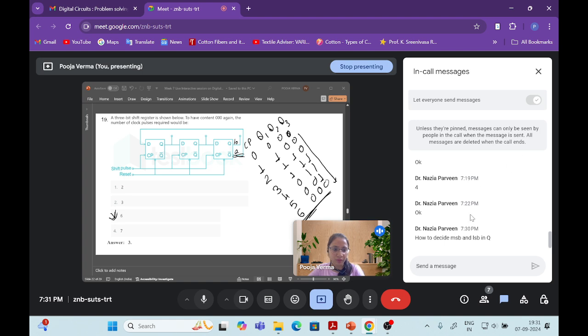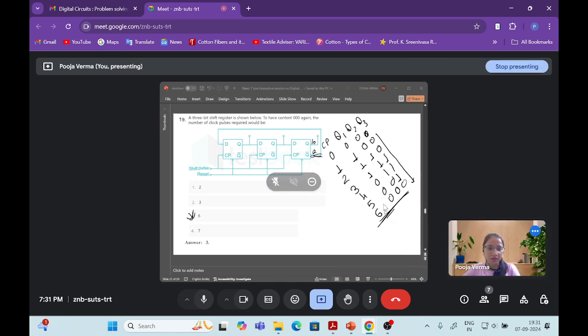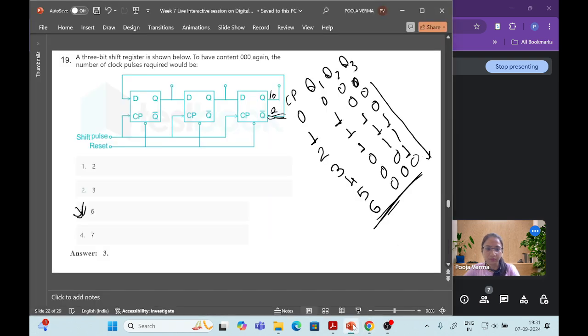Okay, you are asking about how to decide MSB and LSB. You can take either side, because here they are asking only for clock pulses, so in that case there is no problem.